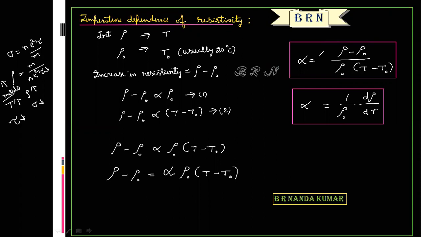Temperature coefficient of resistivity is the ratio of increase in resistivity per unit original resistivity per degree rise in temperature.